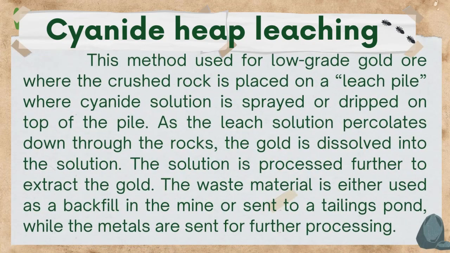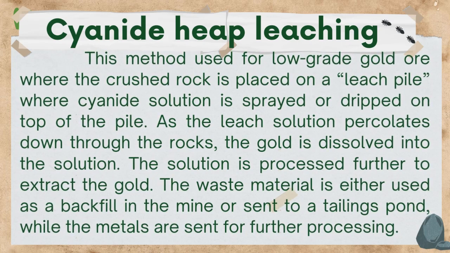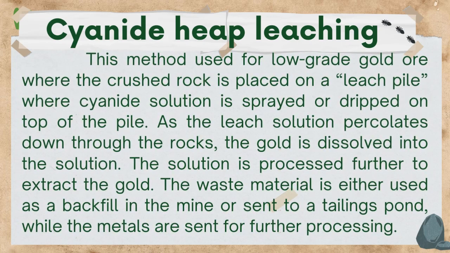4. Cyanide heap leaching. This method is used for a low-grade gold ore, where the crushed rock is placed on a leach pile, where cyanide solution is sprayed or dripped on top of the pile. As the leach solution percolates down through the rocks, the gold is dissolved into the solution.